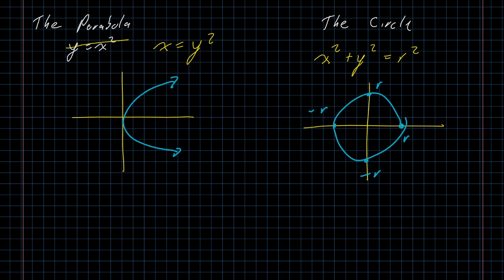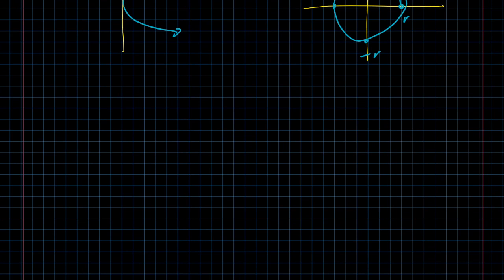Generalizing a circle, we have another curve called the ellipse. The ellipse is given in the form x squared over a squared plus y squared over b squared is equal to 1.